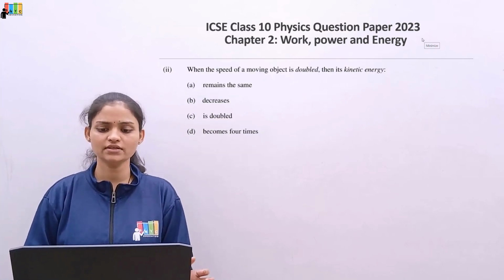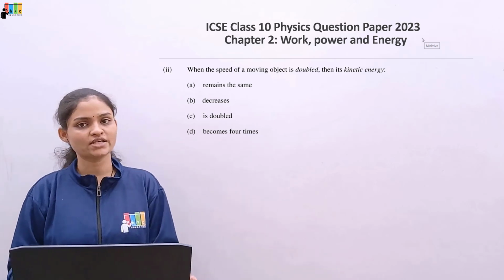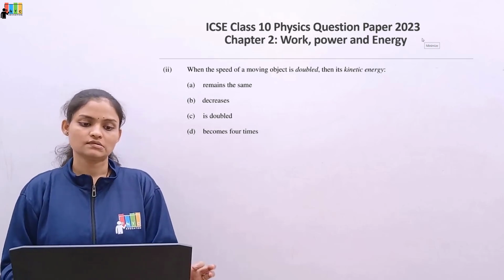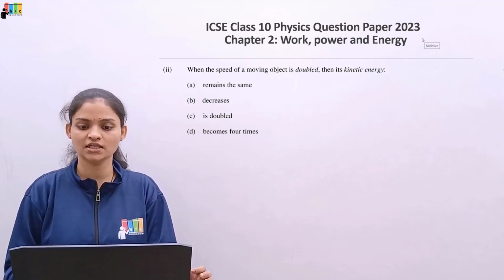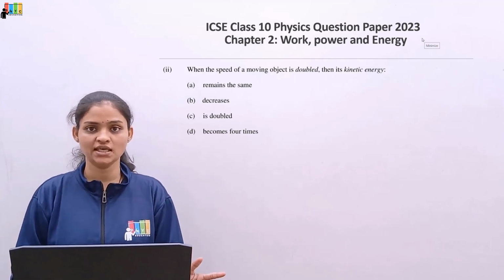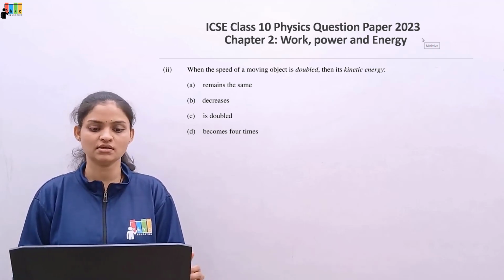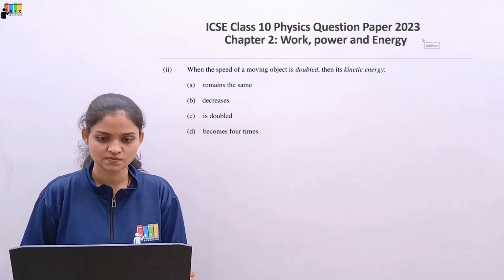Now we will go ahead. Next question is from the actual board paper of 2023. The question is, when the speed of a moving object is doubled, then its kinetic energy: option A, remains the same; option B, decreases; option C, is doubled; and option D, becomes 4 times.